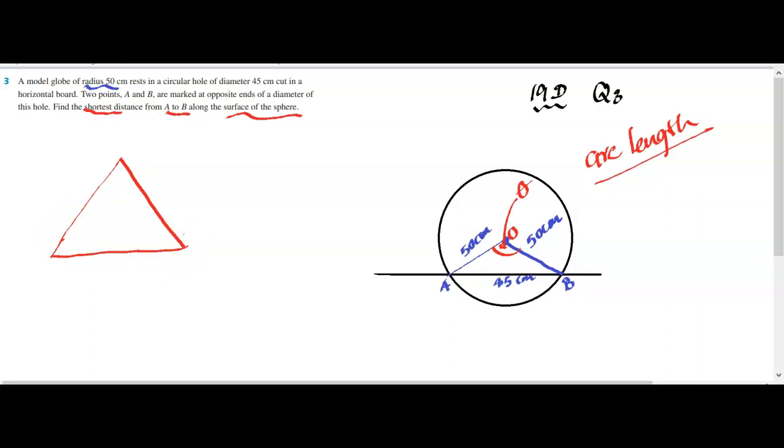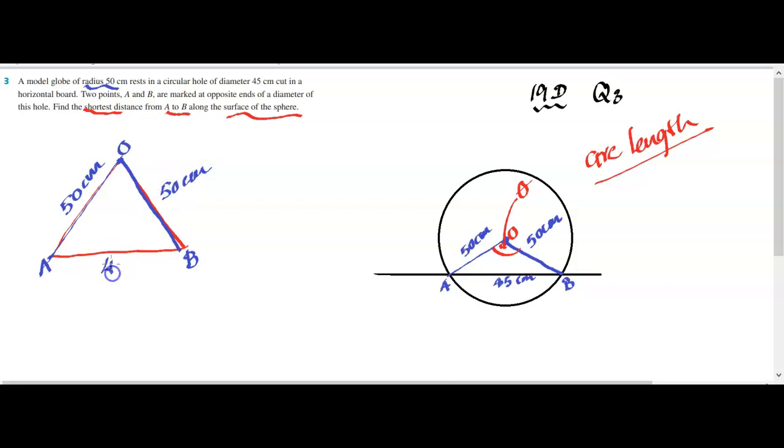In triangle AOB, you know the lengths. Since this is the radius of the globe, from here to here, this is 50, and these two are the radius of the globe, so this is 50.